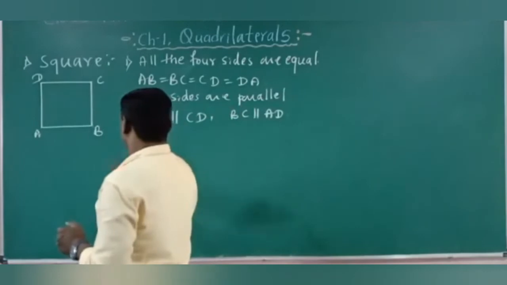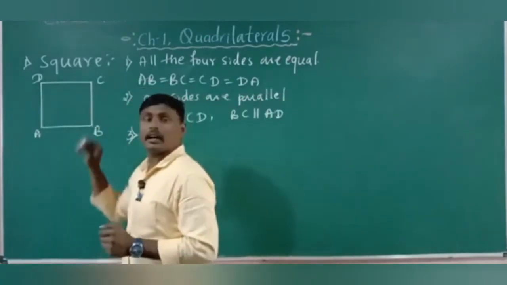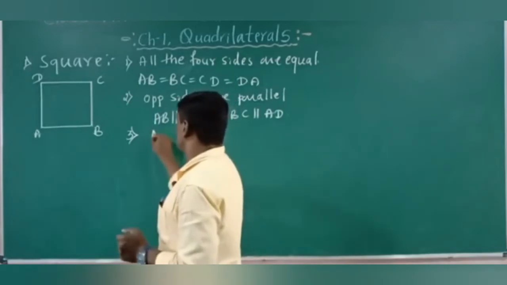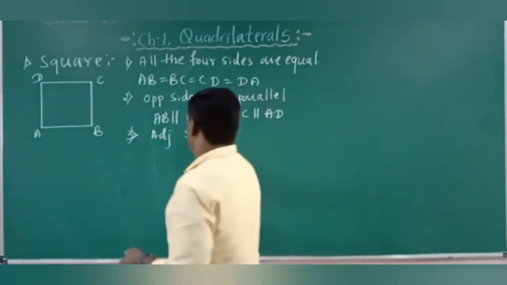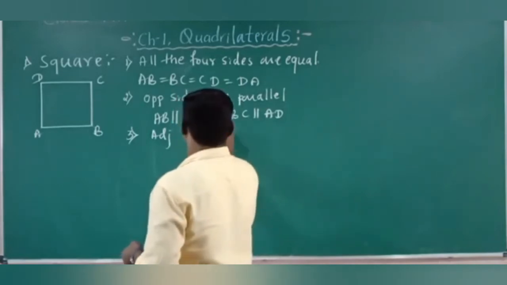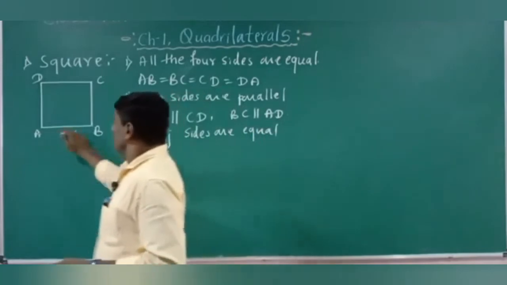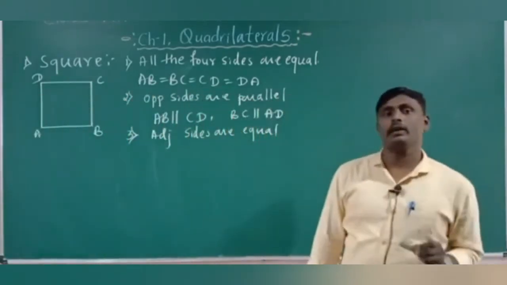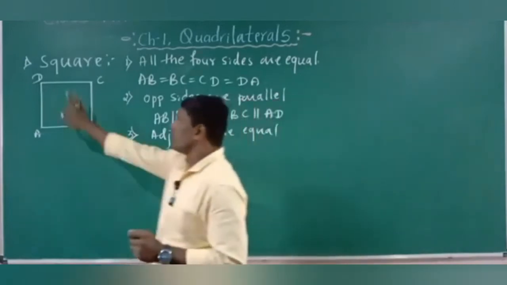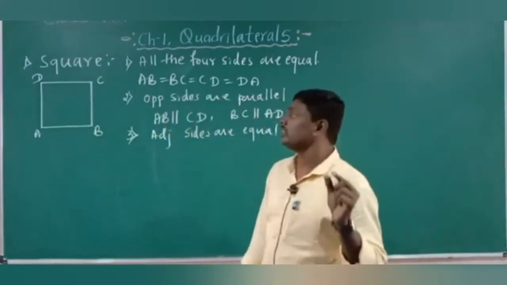Next, third one. Adjacent sides are equal. Here, the length of the adjacent sides are equal. So, in the particular quadrilateral, as we already studied in the previous classes, in a quadrilateral, we can write 4 pair of adjacent sides.